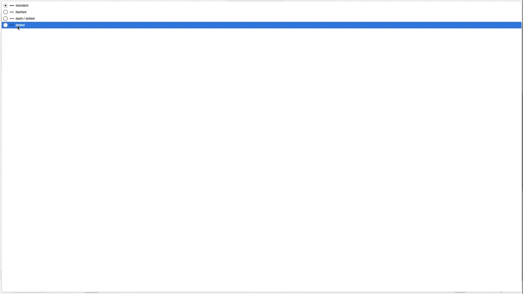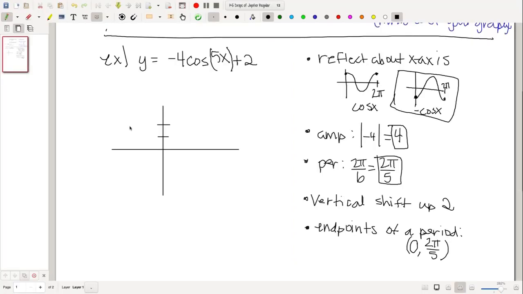Okay, so to make this a little bit easier, here's what I'm going to do. There's the middle of our graph. So it's kind of like our new x-axis. And from this line right here, we've got to go up and down 4. So our graph will need to go down to at least -2. And if I go up 4, it needs to go to +6.